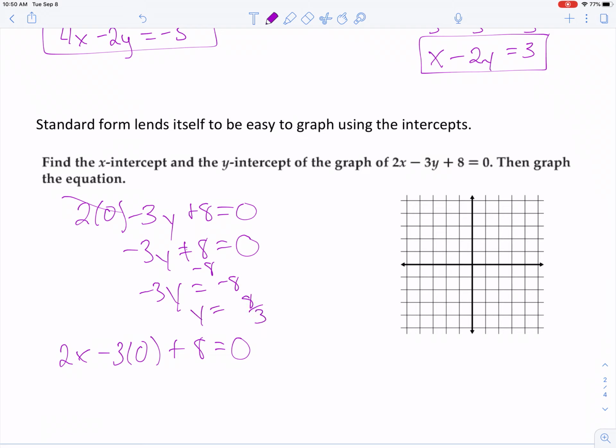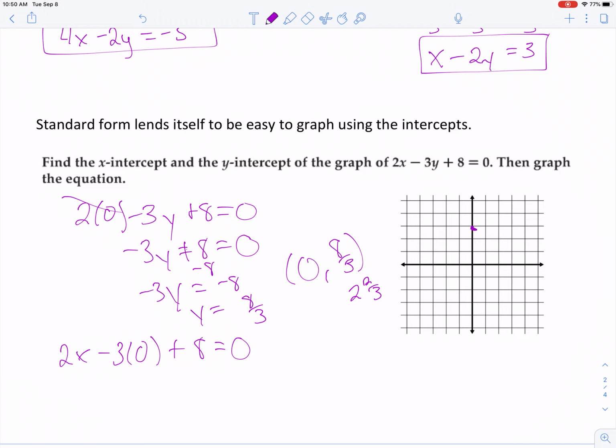Since x was 0 when I plugged that in, I need to have a 0 in for the x, and then that's just going to be 8/3. 8/3 is the same as 2 2/3. So that point is going to be approximately right there.